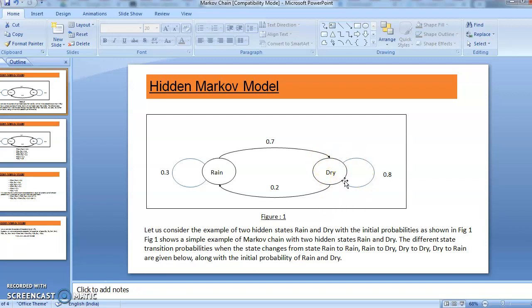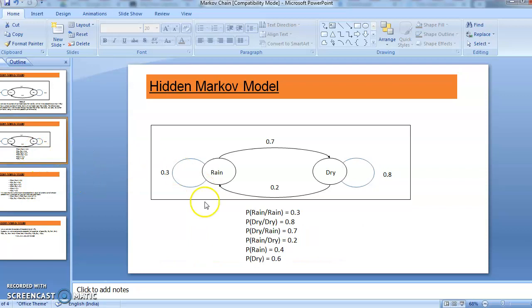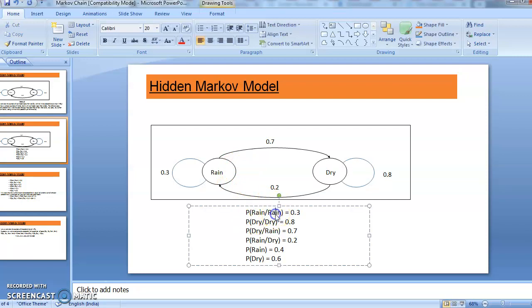So how do you read and write this down, if the initial probabilities are not mentioned and you are supposed to identify them? Let's see the example in this diagram. The initial state was rain, and the state changed from rain to rain.